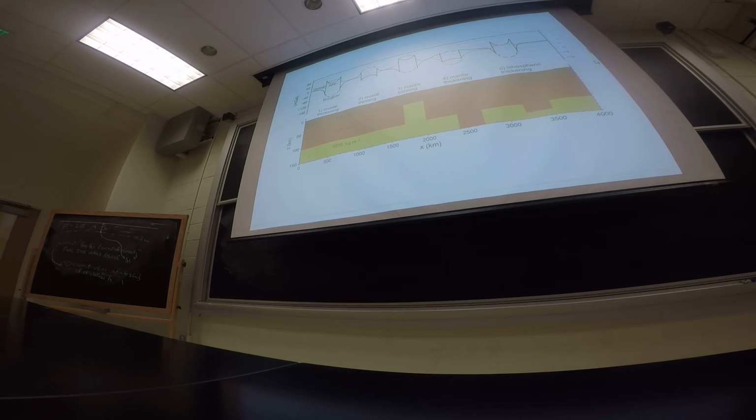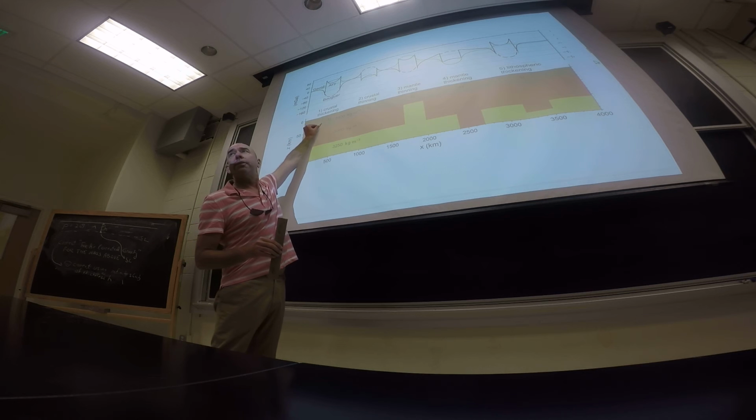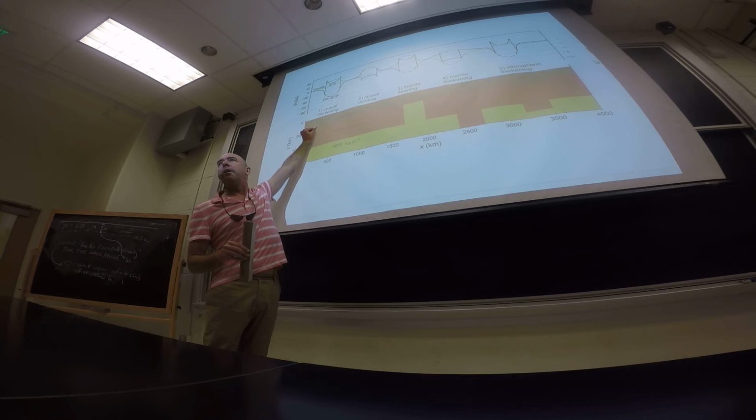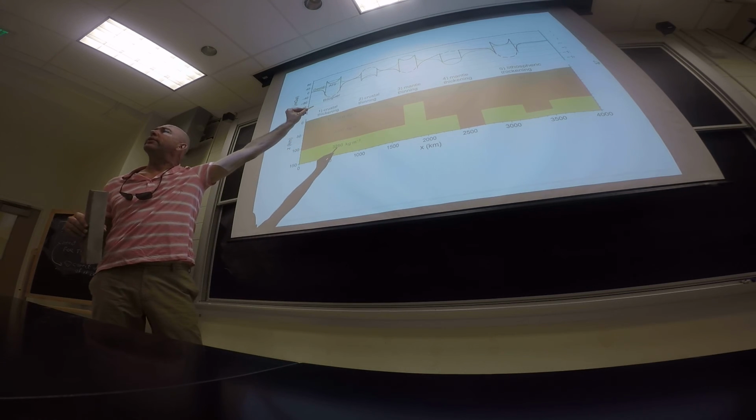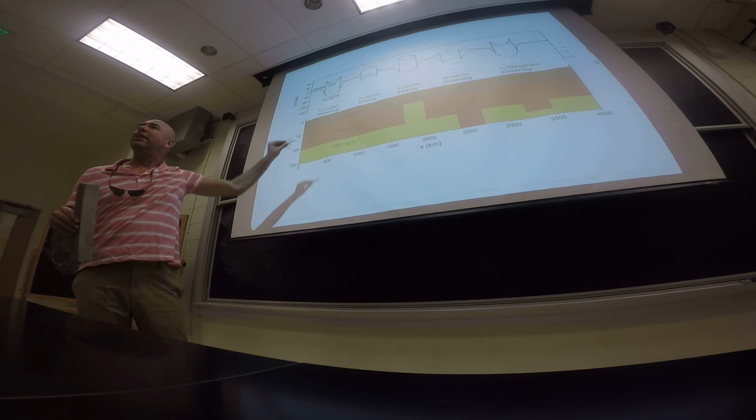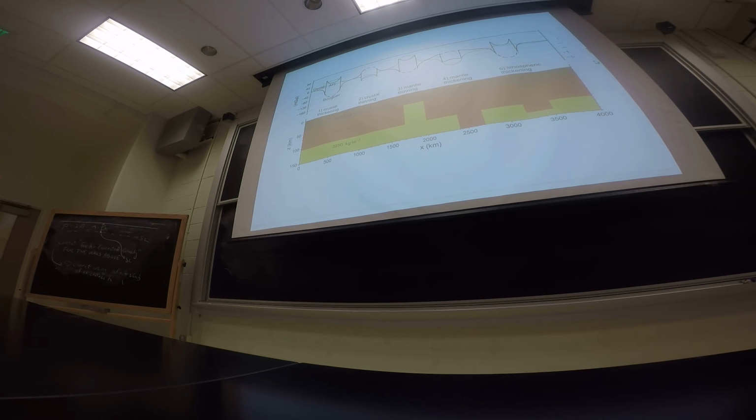The answer is no. Again, it's because 1 over r versus 1 over r squared. The Bouguer anomaly, because it's 1 over r squared, is sensing density variations nearer to the surface than the geoid is. The geoid is actually averaging or sensing things deeper because it's 1 over r. The acceleration is 1 over r squared, so the acceleration of gravity is going to be more sensitive to things near the surface than a potential.